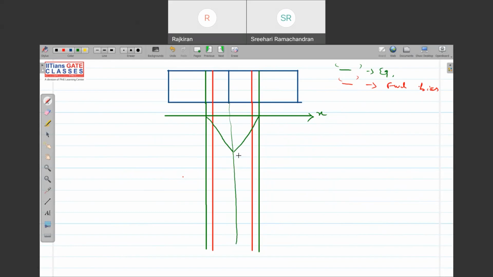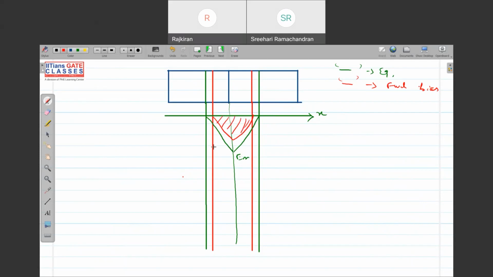But when I apply forward bias, the net electric field is decreasing, so it will be like this. So the electric field is decreased.